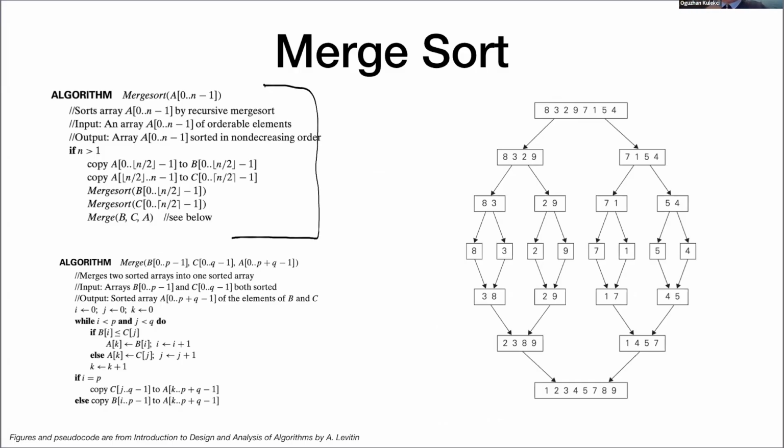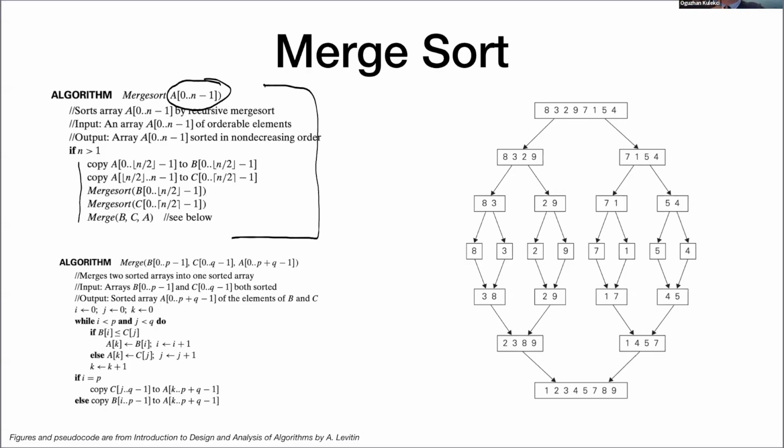Let's have a look at the merge sort pseudocode. With the merge sort, you would like to sort this array. You come here, and you don't see a base case. Actually, the base case is already included with the if statement, because if n is equal to 1, what will happen? These instructions will be skipped and the algorithm will return.